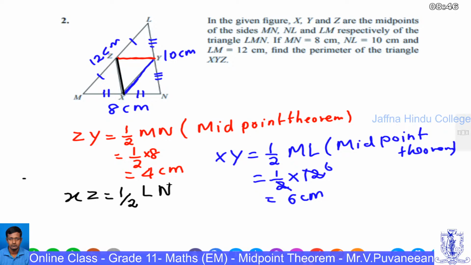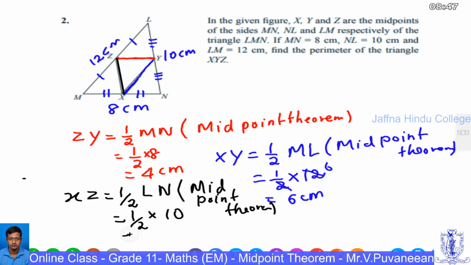X and Z are the midpoints of the sides MN and ML, so the length of XZ is half of the third side NL according to the midpoint theorem. LN is given as 10 centimeters, so XZ equals 5 centimeters.